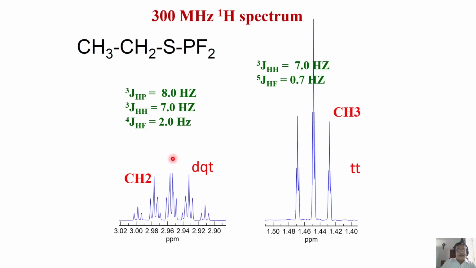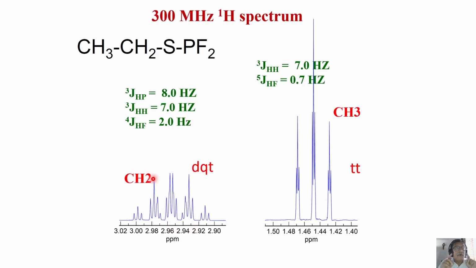First doublet is from center of this to center of this, and now the quartet comes because of CH3, 1 3 3 1 one quartet, 1 3 3 1 another quartet overlapped, and each line of this is a triplet, which you can clearly see very nicely. All multiple heteronuclear couplings can easily be extracted from this.